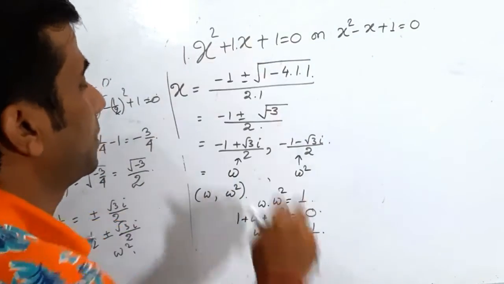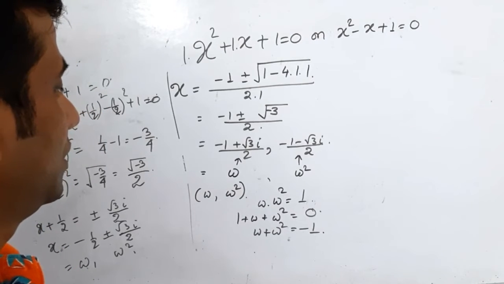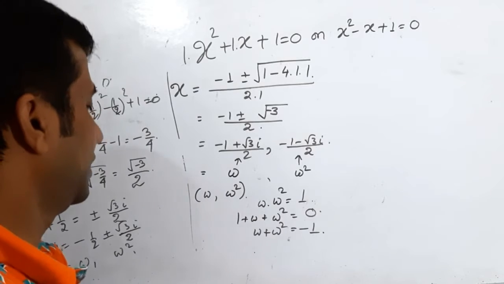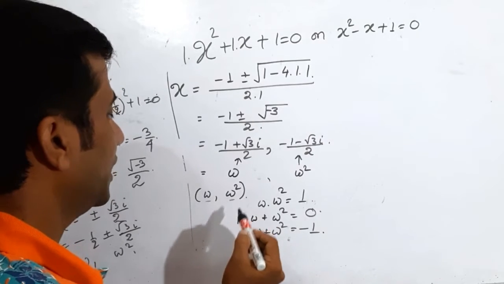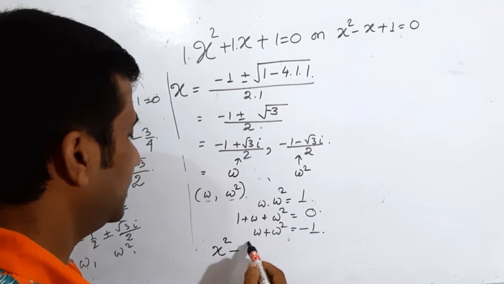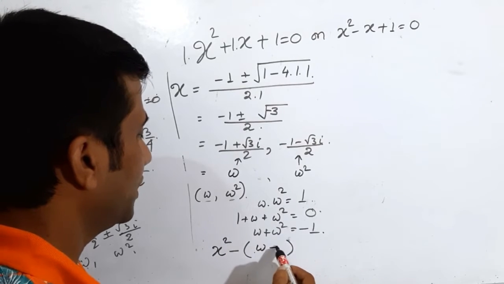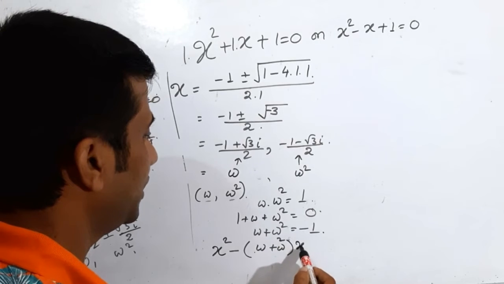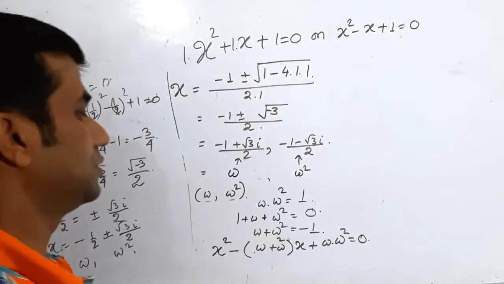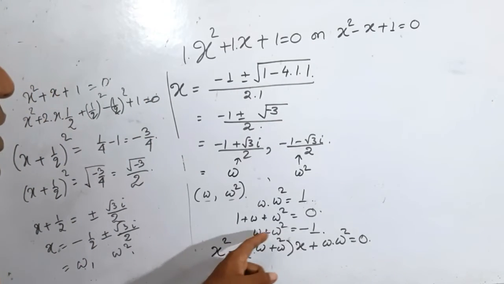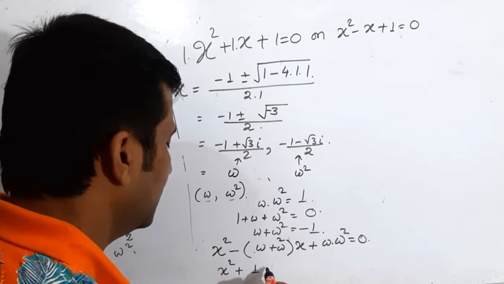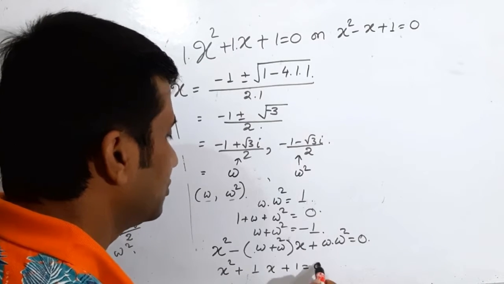Now from this, we can write that if the roots are omega and omega square, then the equation is x square minus sum of two roots, omega plus omega square, into x plus omega into omega square is equal to 0. After transforming this, we get x square plus 1 into x plus 1 is equal to 0.